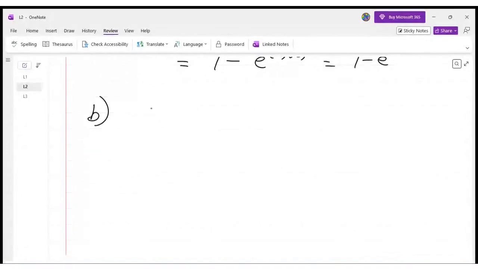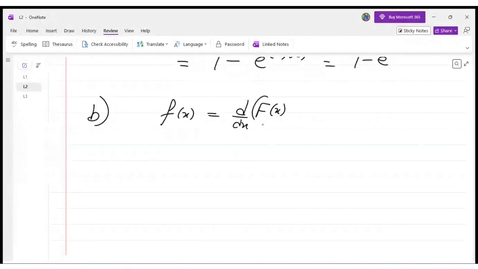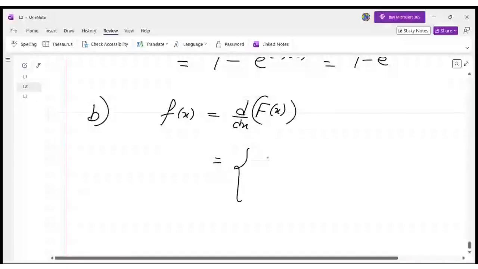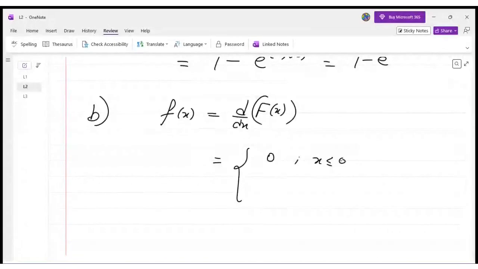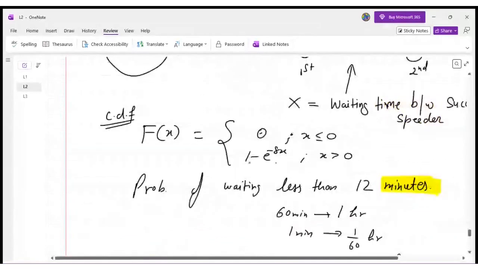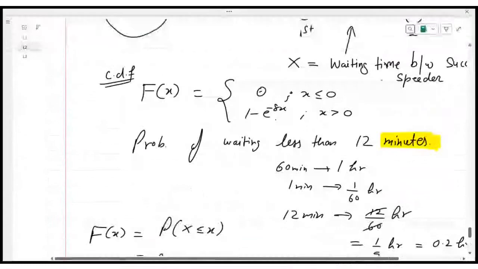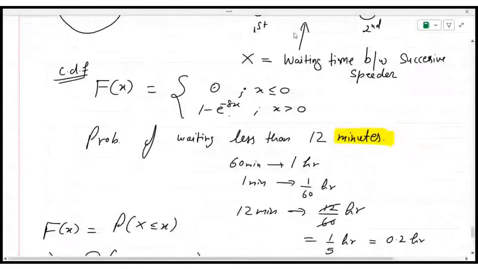Now, what is the relation between CDF and PDF? I have told you that if you want to find the PDF from the CDF, you have to take the derivative of this CDF. The CDF was 0, so the derivative of 0 is 0 if x is less than or equal to 0. And the CDF was 1 minus e power minus 8x when x is greater than 0.